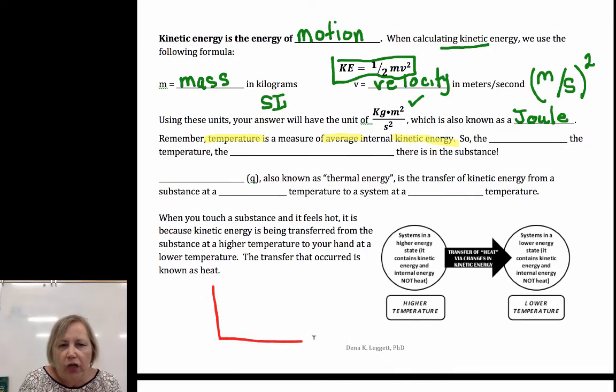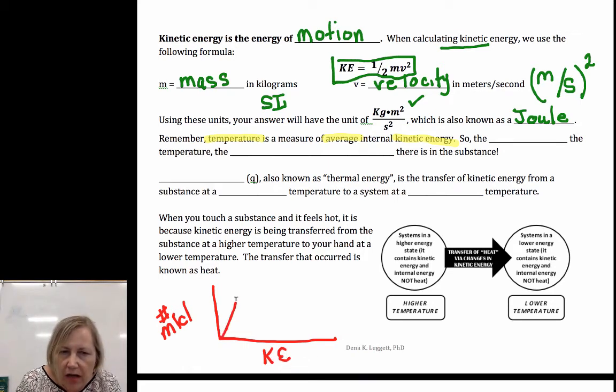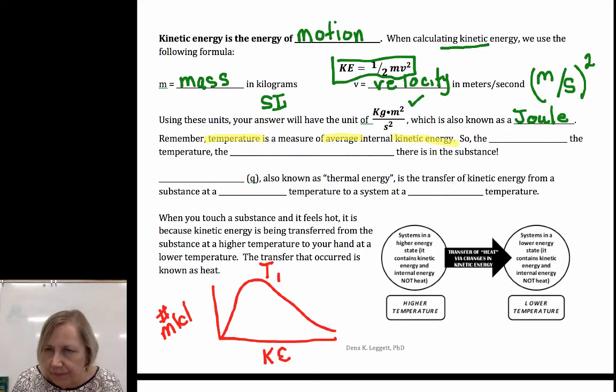If I could look at the fraction of the number of molecules and their kinetic energy, it would be what we call a Boltzmann distribution. Okay? And so if we increase the temperature, that's going to shift over so that on average, more molecules have higher kinetic energy.